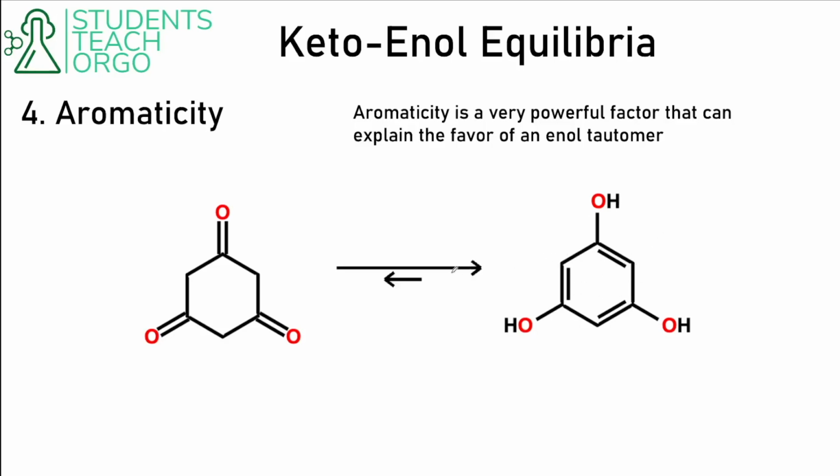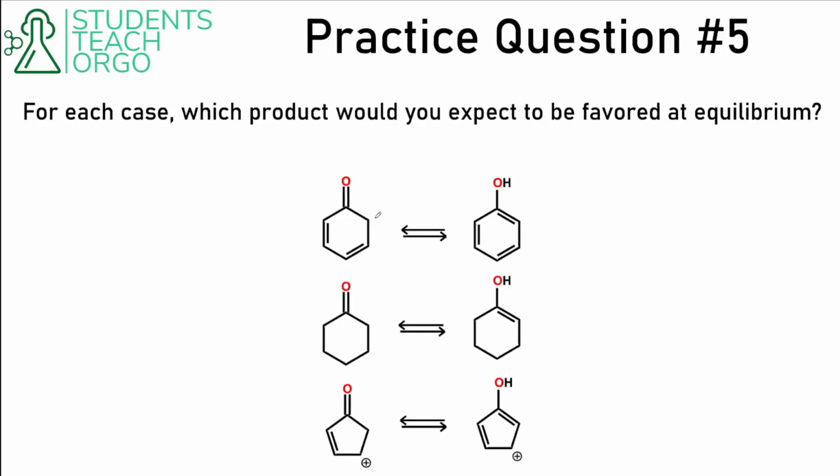And so it's much easier for these hydrogens to get pulled because you would create that aromatic ring, rather than just a normal cyclohexane ring. Those carbon-hydrogen bonds aren't very acidic, but these carbon-hydrogen bonds would be much more acidic. And so, not much more I need to say about that.